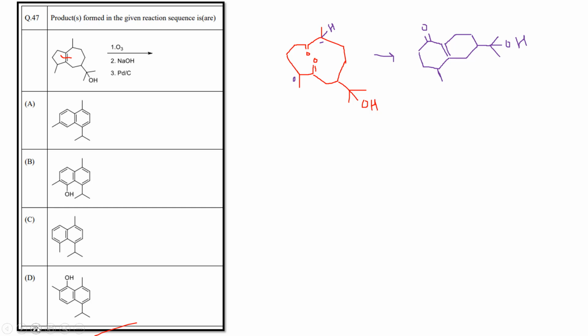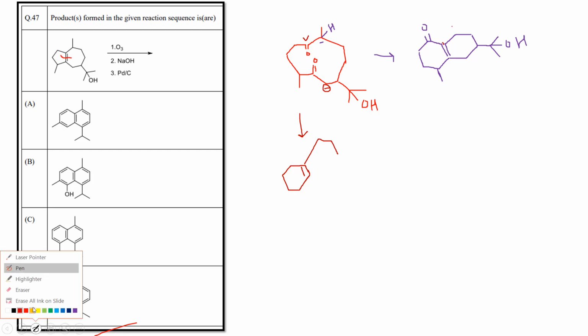Now if you take proton from this place and attack this carbonyl, there is already a methyl group there.